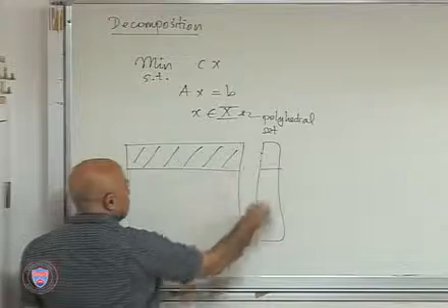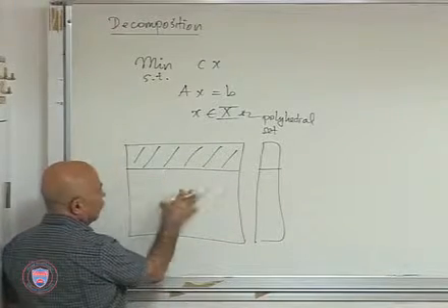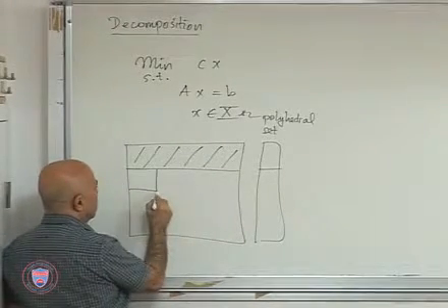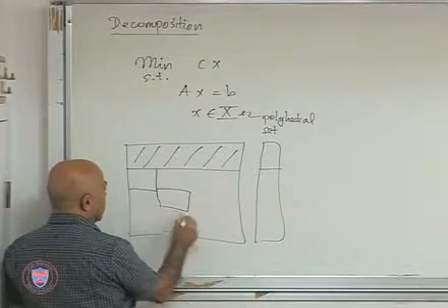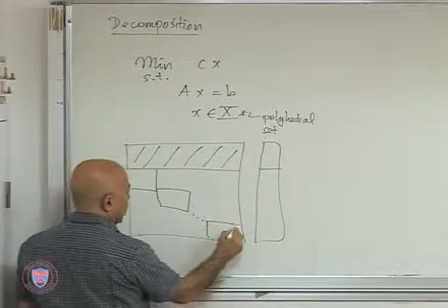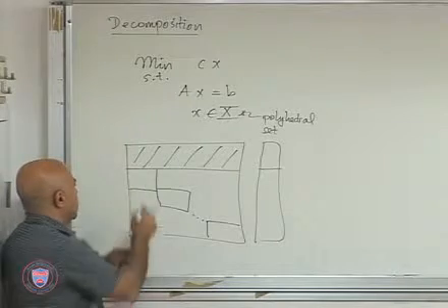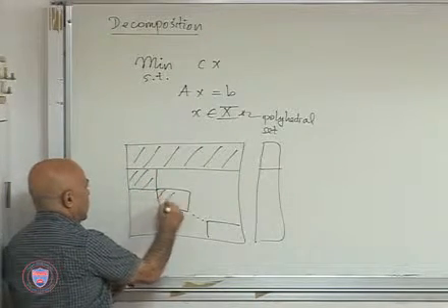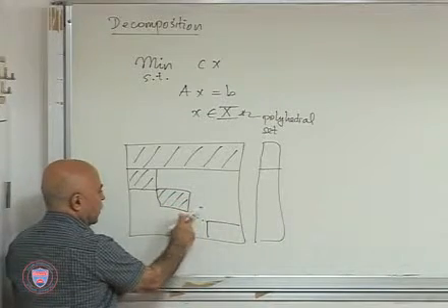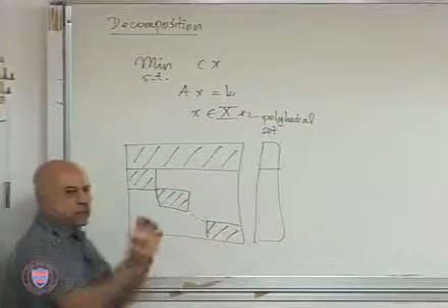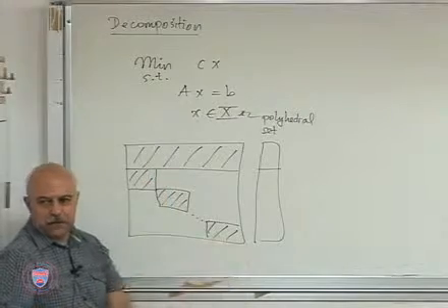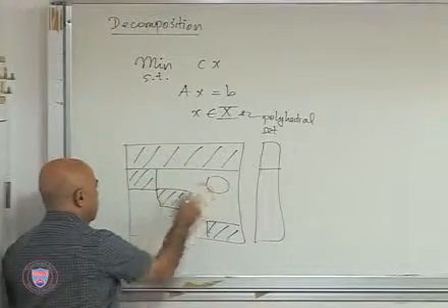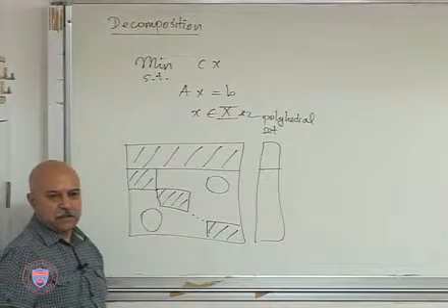This is the right-hand side vector. In the lower part, you've got the so-called block diagonal structure. You've got a matrix here, another matrix here, and another matrix here. So you've got small submatrices along the diagonal, but the rest are all 0.